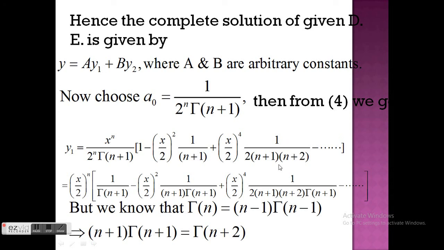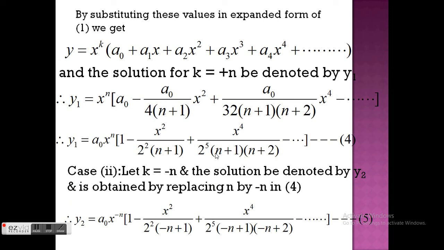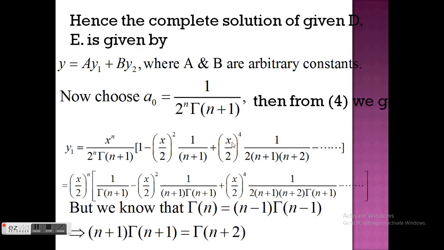There I have taken 2 to the power 5, so that 2 to the power 5 I have split as x by 2 to the power 4 into this 2 I have written here. Here 2 to the power 5 is there. So I have split it in terms of x by 2 to the power 4 into this 2 into n plus 1, n plus 2.